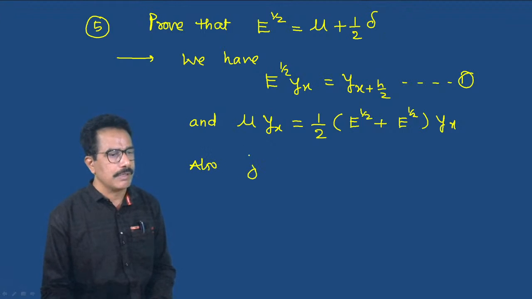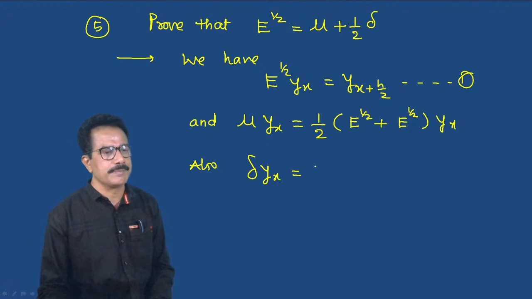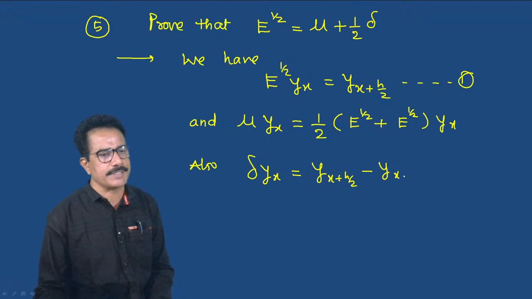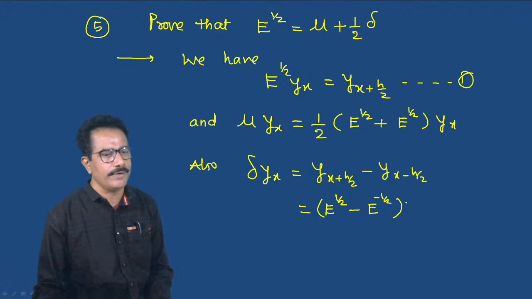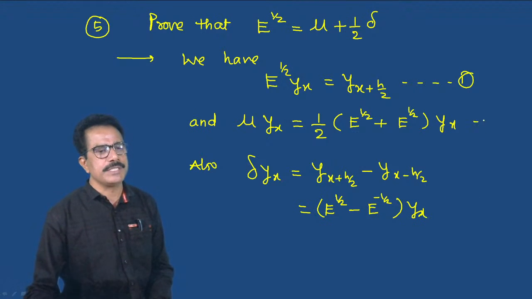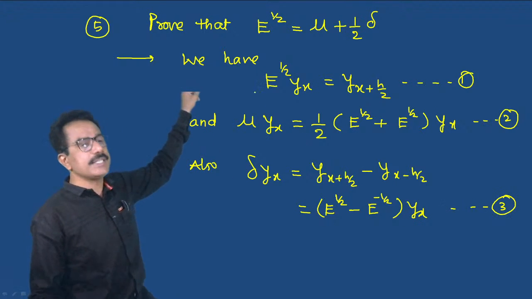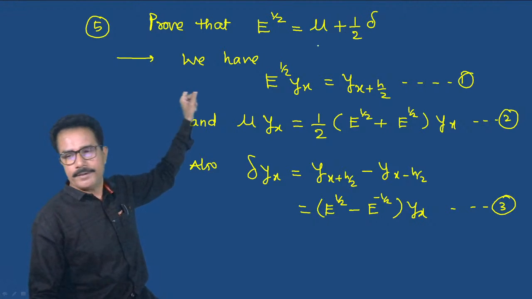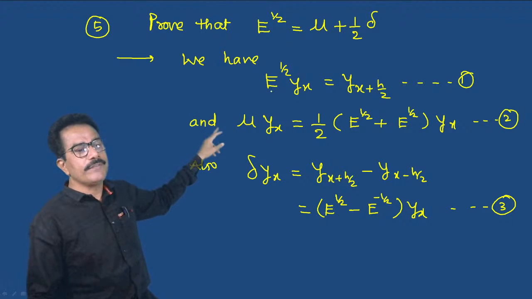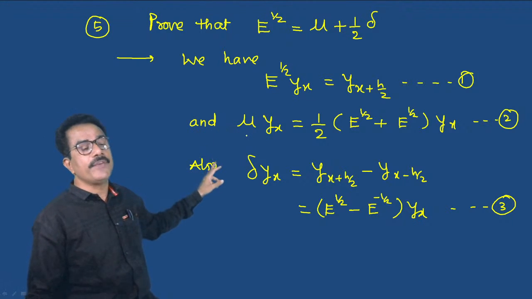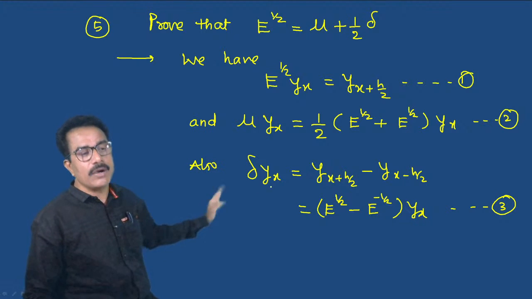Also delta of yx means y of x plus h by 2 minus y of x minus h by 2, which is denoted by e raised to 1 by 2 minus e raised to minus 1 by 2 of yx. Suppose this is equation 2, this is equation 3. Actually we have to prove the relation between e raised to 1 by 2, mu and delta. So define e raised to 1 by 2 on yx, define mu on yx, define delta on yx.